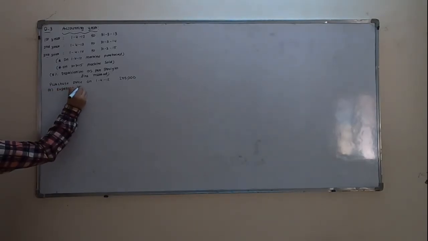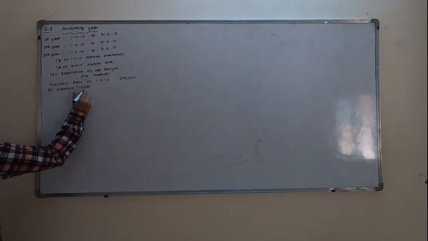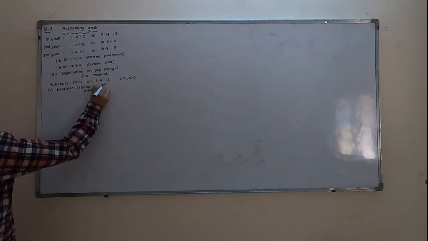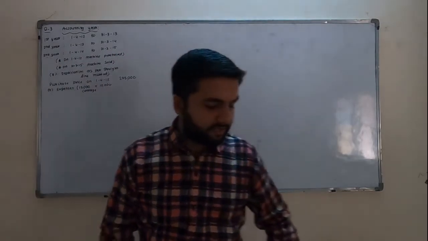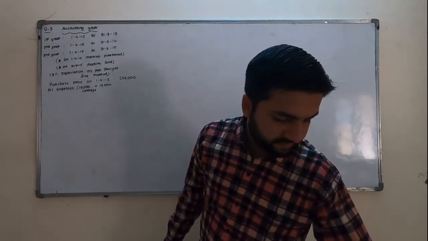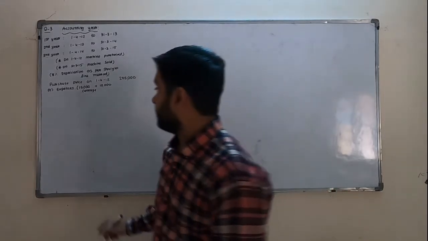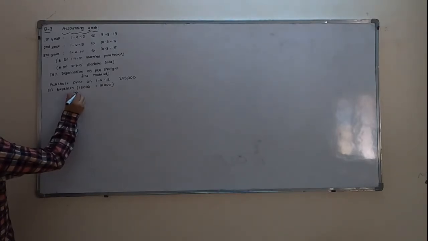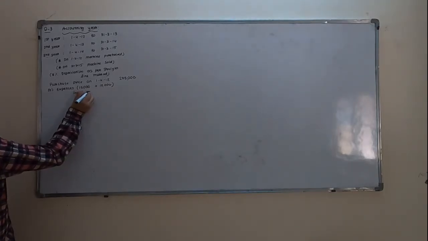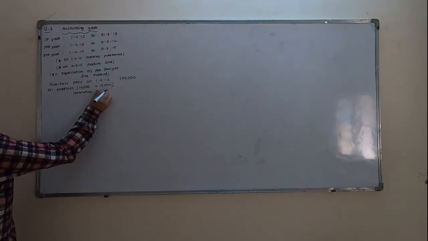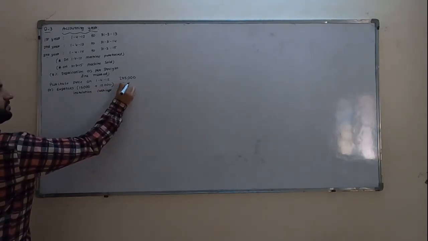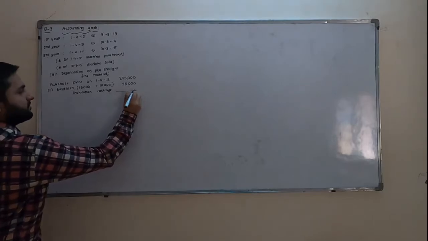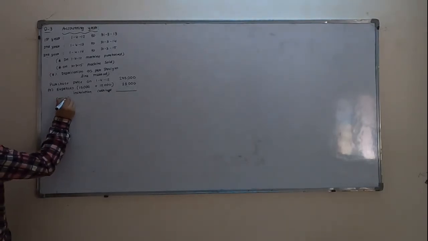Which are the expenses incurred? Sorry, I have written it the opposite way. 15,000 is for installation and 10,000 is for carriage. So total expenses are 25,000. When we add expenses to the purchase price, we get cost price.